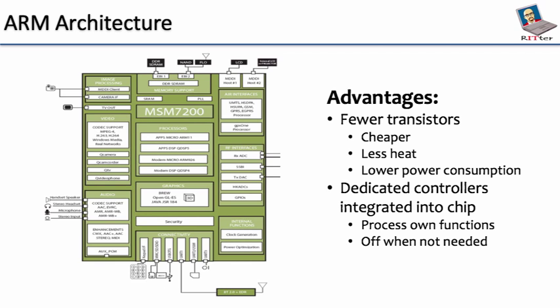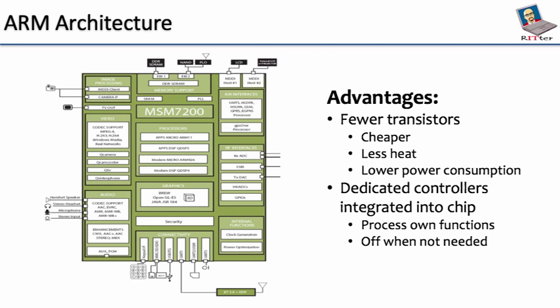If you think about using your smartphone or your tablet, the advantage of it producing a lot less heat and being cheaper is obvious. It also means your battery life lasts a lot longer. So that's where the ARM architecture really comes into its own in those areas.